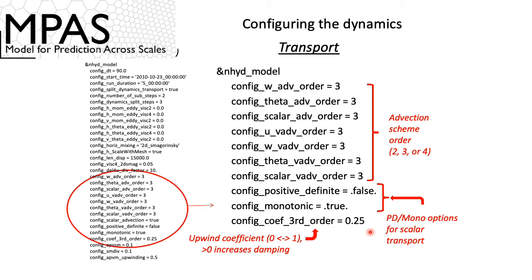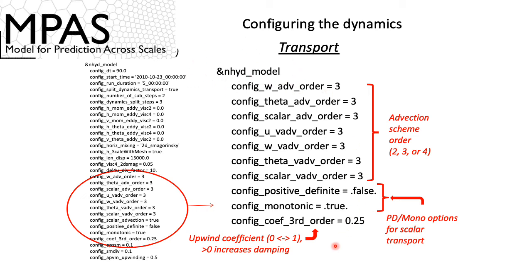That's what we've chosen, more or less based on the tests that you saw, but we also have done a lot of other tests looking at flow structures in fully three-dimensional simulations to verify that that is a reasonable choice. But you have access to that in the namelist.atmosphere, in the NHYD_model section of it.